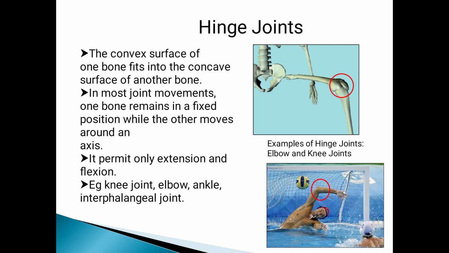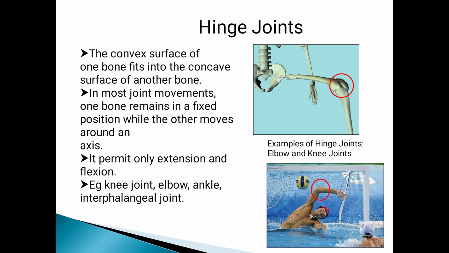Next is hinge joint. In hinge joint, the convex surface of one bone fits the concave surface of another bone. So in most joint movement, one bone remains in a fixed position while the other moves around its axis. So it is usually called a monoaxial joint because it allows motion around a single axis.